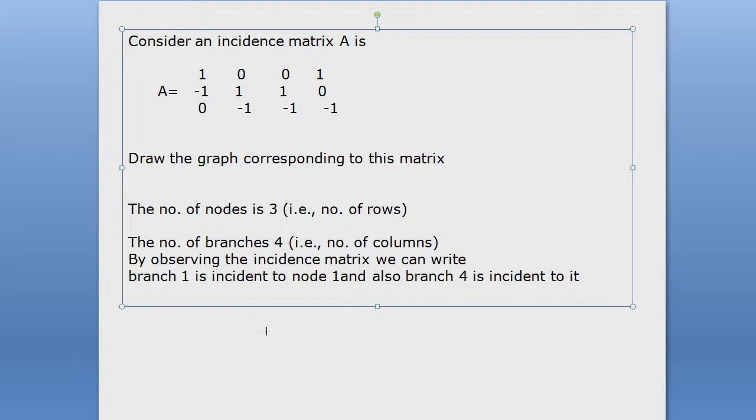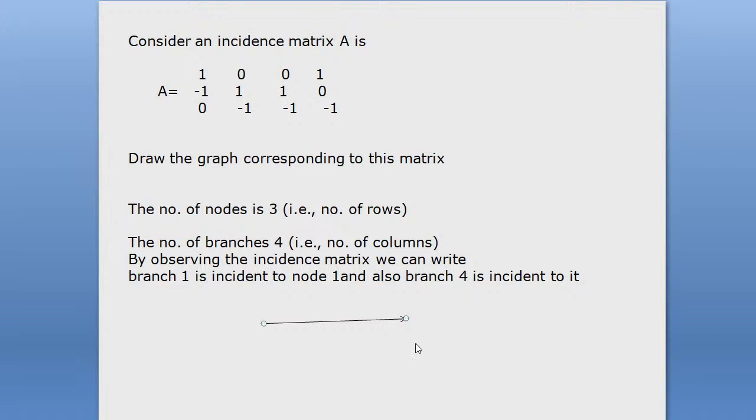So let me draw the graph. There are a total of 4 branches: 1, then 2.